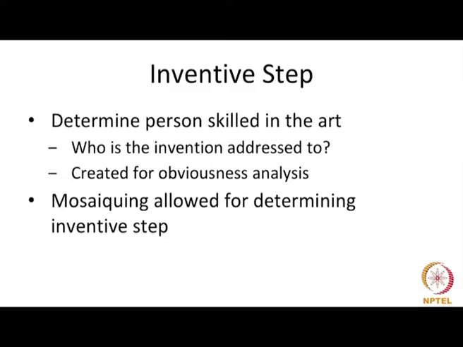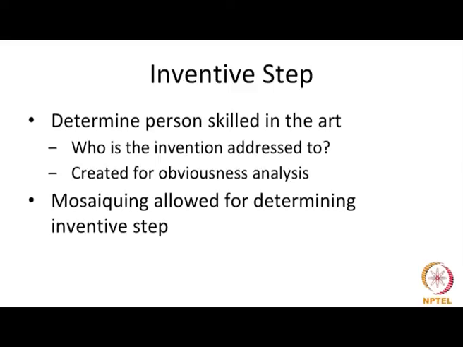Mosaicing, which we had said is not permissible for a novelty analysis, is allowed in determining inventive step, because the person skilled in the art is capable of reading multiple documents, taking things from multiple documents, putting them together and seeing whether a particular problem can be solved.